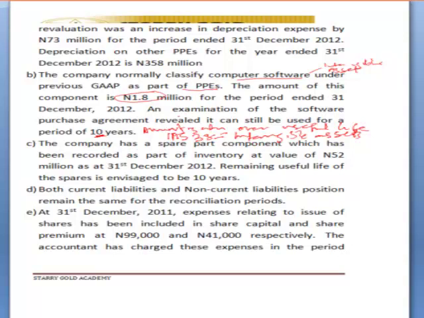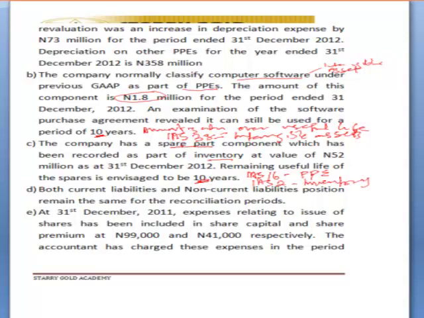Now if you look at this, the spare parts component has been recorded as part of inventory, and the useful life of that spare part is showing 10 years. There are two positions you need to talk about here. The first position is IAS 16, which is on property, plant and equipment. The second is IAS 2, which is your inventory.